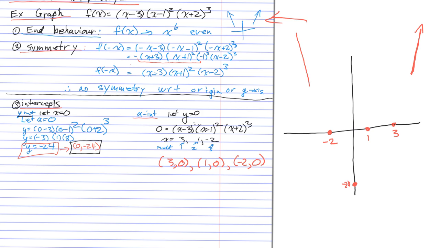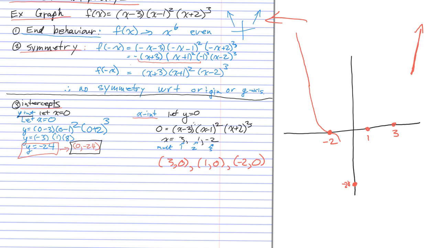Now, the multiplicity of the -2 is 3. So what's supposed to happen is our graph comes in, and it's going to do kind of an S across the line. That's all you need to know. It makes an S across the line.